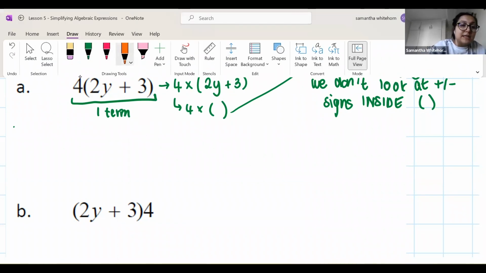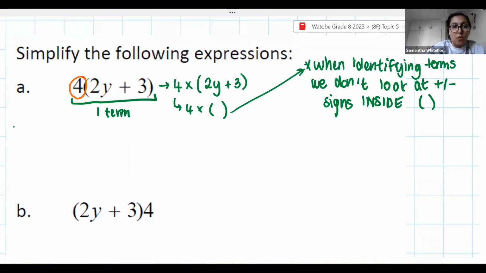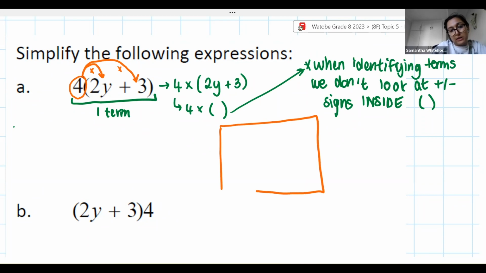Now, that means I need to take this coefficient to the bracket, which is 4, and multiply that to both of the terms inside my bracket. So if we have a little multiplication box going on the side for our working out, the first thing I want to do is say 4 times positive 2y, and then 4 times the positive 3. Those are the 2 multiplication steps, or the 2 products I need to find.